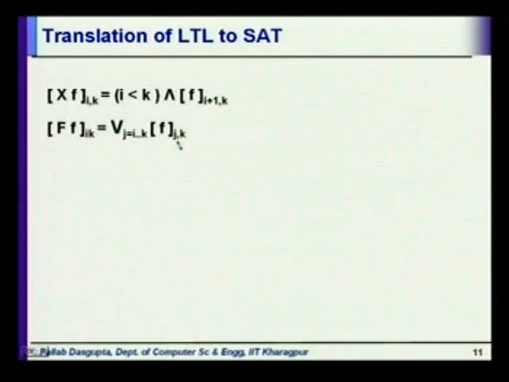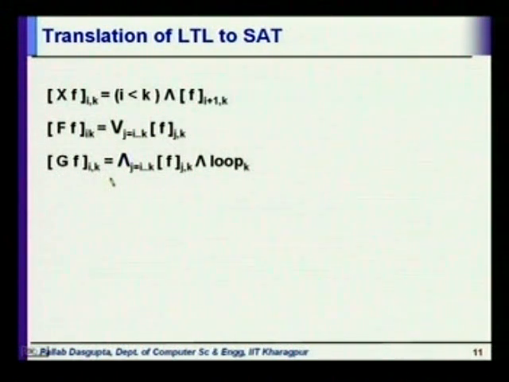Okay. Otherwise within the bound k we have not been able to get a witness of this, right. So given a bound k, this is how we generate the clauses, right.